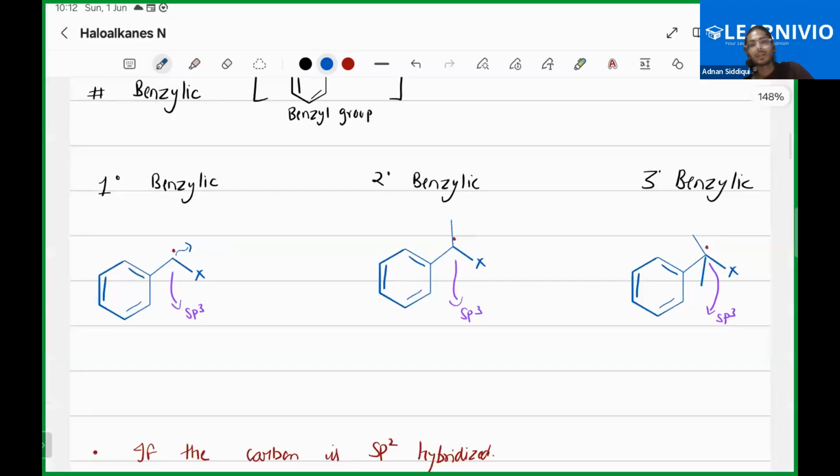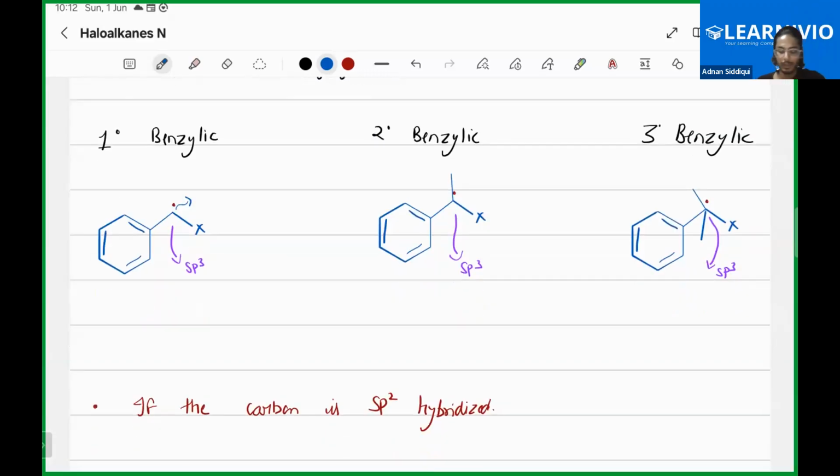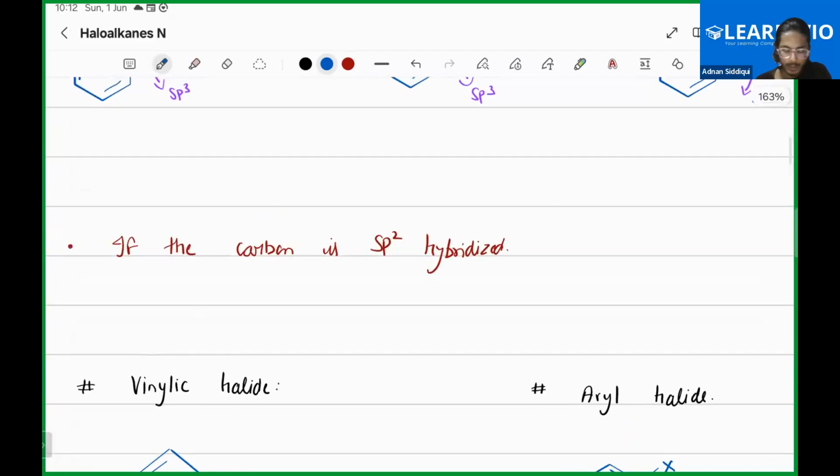How can you calculate the hybridization? Do you know the formula for that? Yes, sir. Okay, see, just note it down somewhere. It is very important. The formula to calculate hybridization is the number of sigma bonds plus free lone pairs.